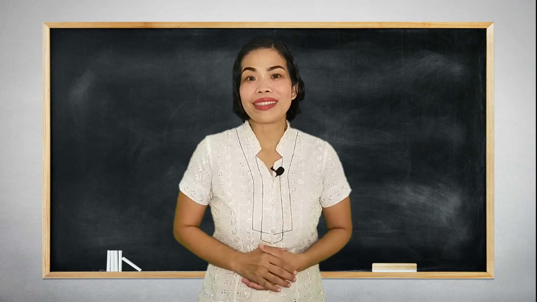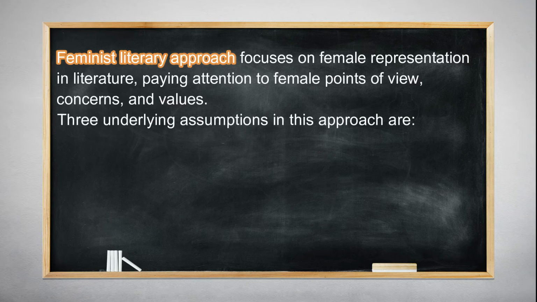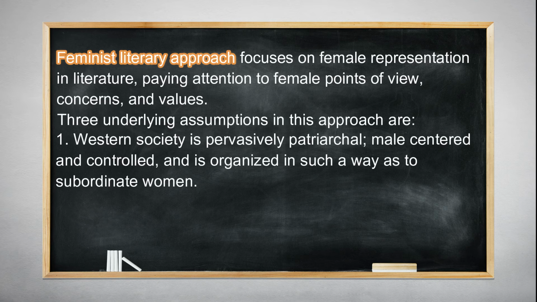What is feminist literary approach? Feminist literary approach focuses on female representation in literature, paying attention to female points of view, concerns, and values. Three underlying assumptions in this approach are: 1.